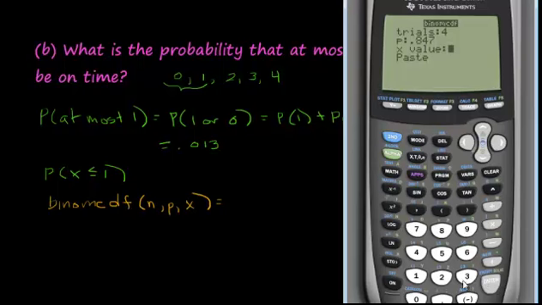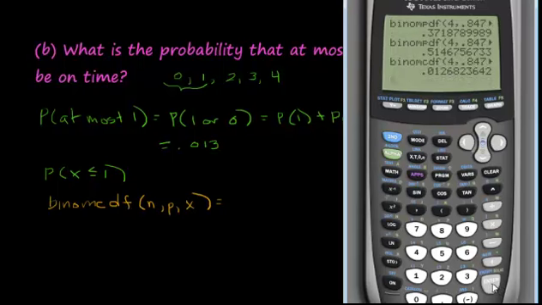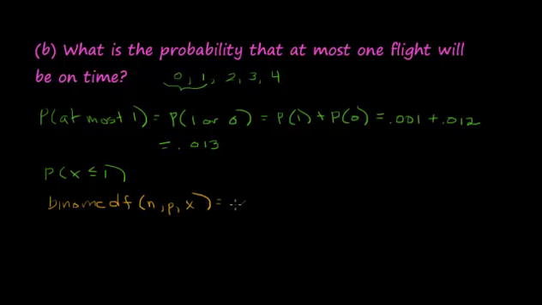Enter. And now my x value is 1. But because I'm using the cumulative density function, it's going to give me everything up to and including 1. Enter, and here we get 0.01268.